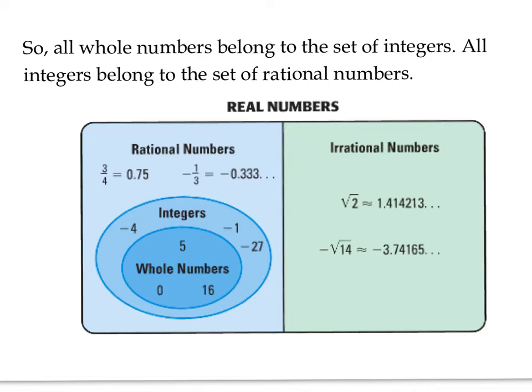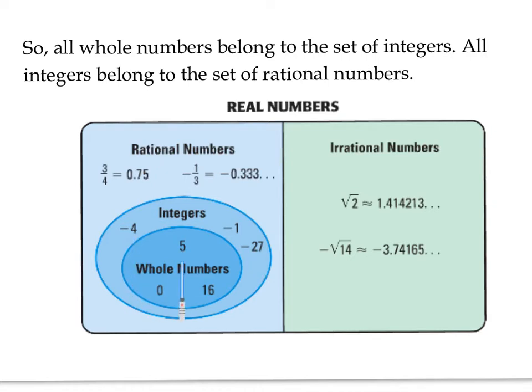So if you see over here, whole numbers, then you have the larger category of integers, and then you have the larger category yet, rational numbers. So whole numbers are integers and are also rational numbers. The number 16, for instance, that's a whole number. It's also an integer, and you could write it as 16 over 1, which would make it a rational number.